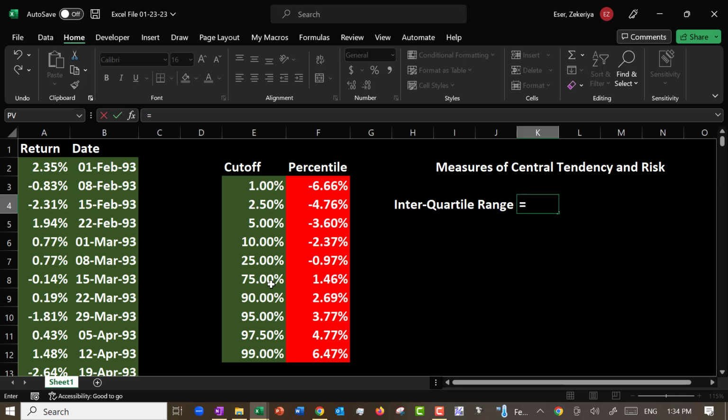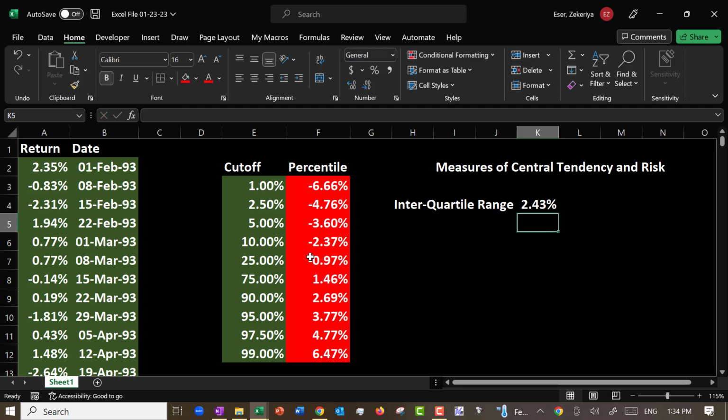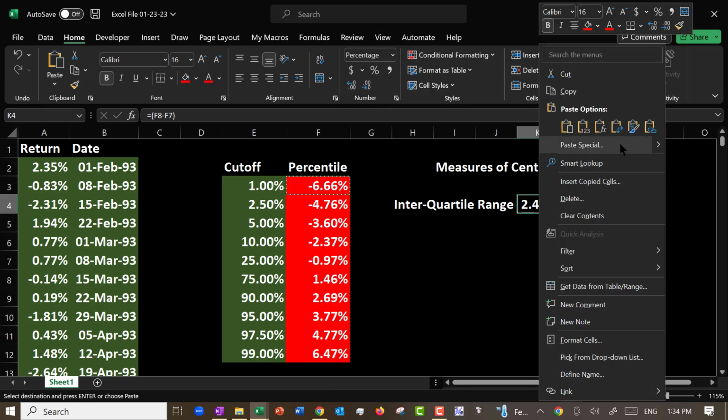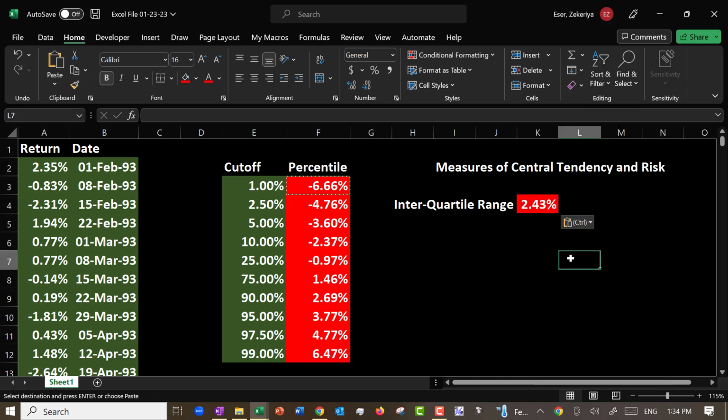Second quartile being the median. If you take the 75th minus the 25th, that number is called interquartile range. It's basically a robust measure of risk. If you had outliers, that number is not going to be affected by much.